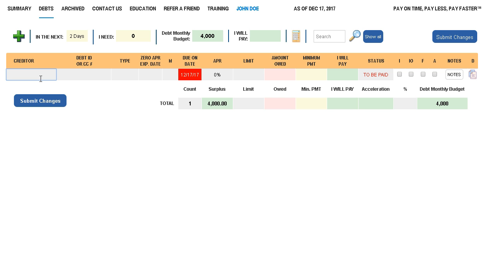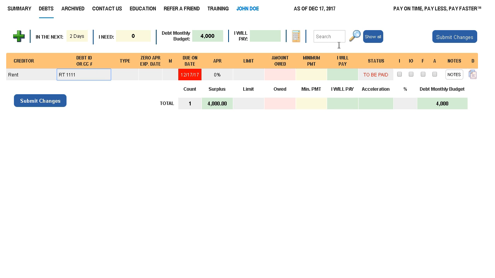So let's start. We're going to put here rent, and we're going to identify that by putting RT for rent. Here is the debt ID or credit card number, and you don't need to put the whole credit card number because only you need to know, and really it doesn't matter, but the last 4 digits are useful since you can then search by that number.